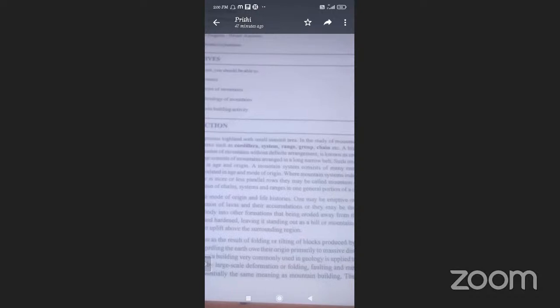They are formed by large scale deformations. Deformation means that formations, once formed, are disturbed. So it may be folding, faulting, or metamorphism.